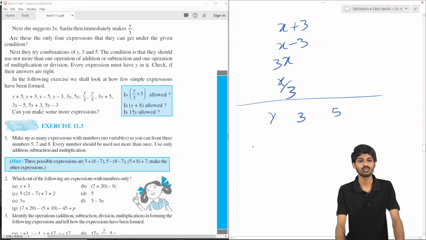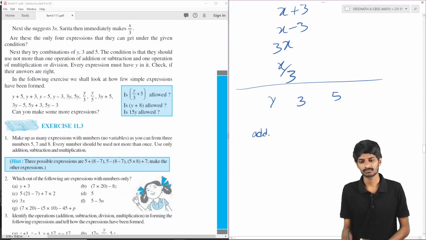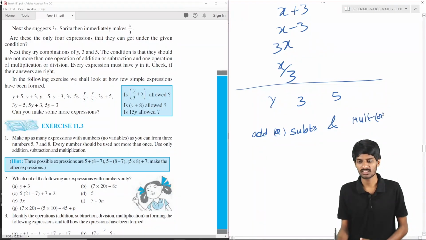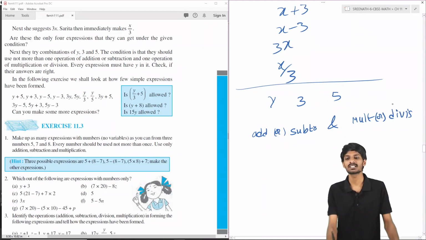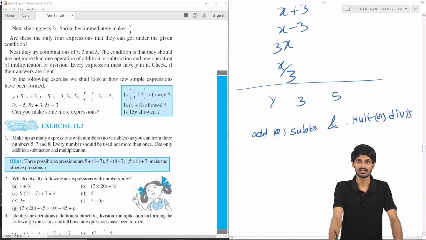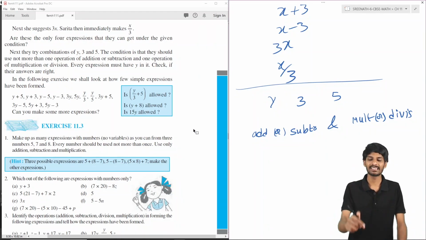So you have to pick one operation from addition or subtraction, and one operation from multiplication or division, or you can pick from only one group and leave the other, and you may use all three or only two, whatever choice. How many expressions will you get? So try it by your own, students.